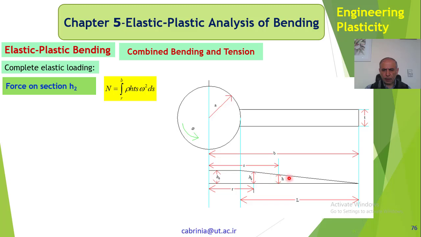Therefore, for the material in front of H2, we have rho H, which is some arbitrary distance H, it could be anywhere in here, times T. So H times T is the cross section, times S and times omega squared. What is this? This is m r omega squared.